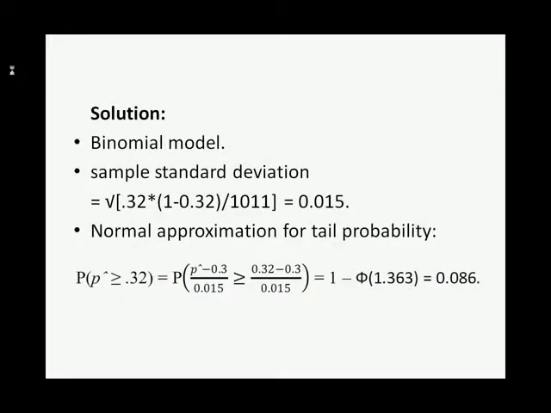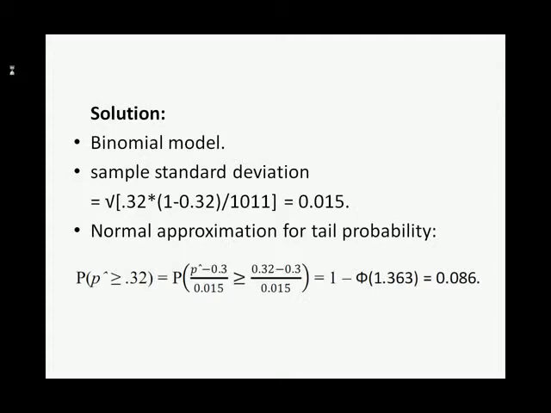To obtain this, we first observe that a person either says that figure skating is their favorite event or not. That is, this is a binomial model, and for a binomial model of sample size n, the standard deviation is the square root of p hat times 1 minus p hat divided by n, and in our case p hat is 0.32 and n is 1,011.